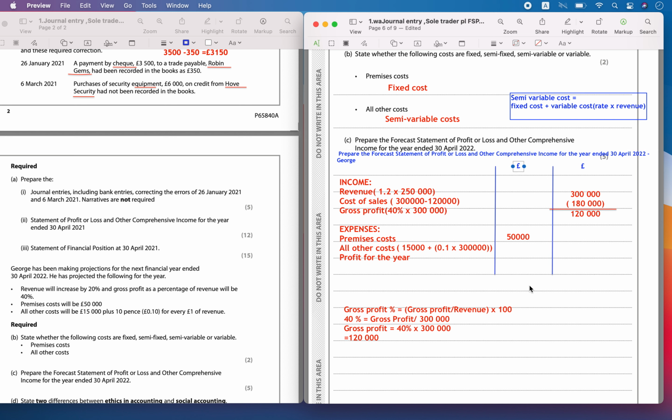This value is going to be equal to 45,000. These are all the other expenses, 45,000.